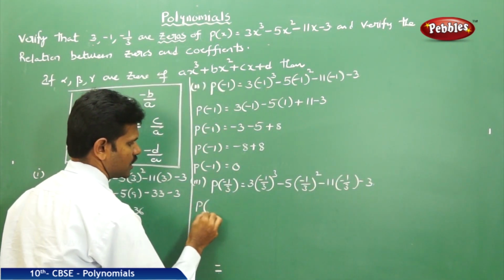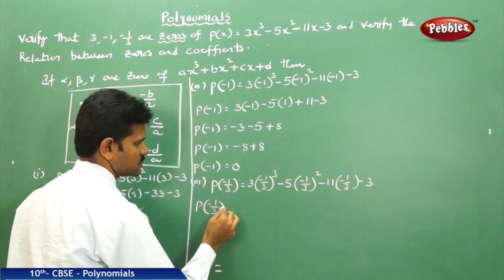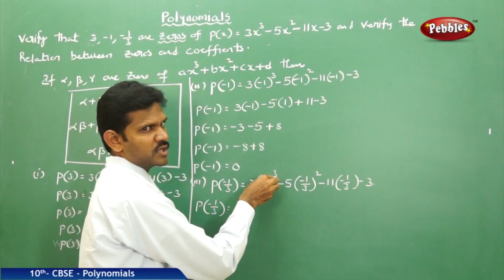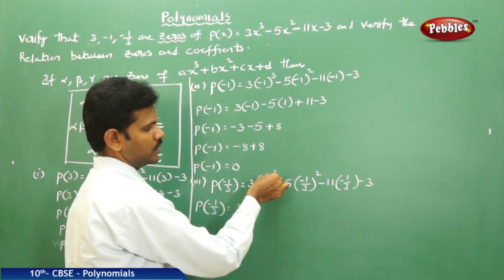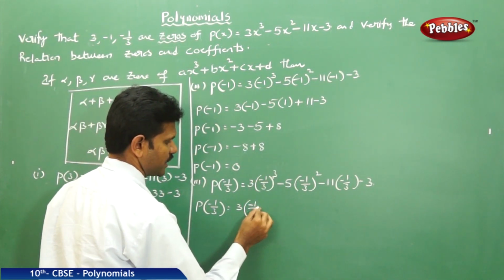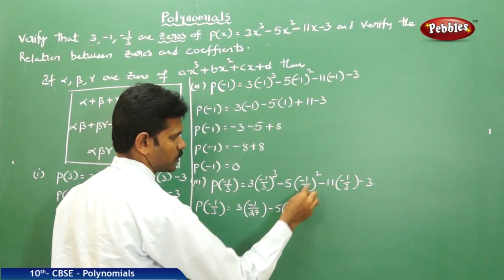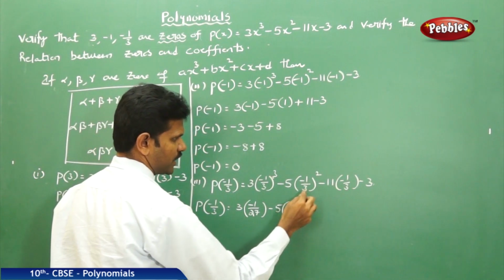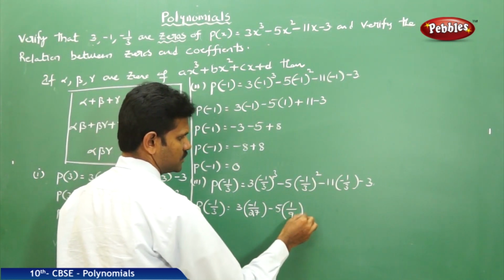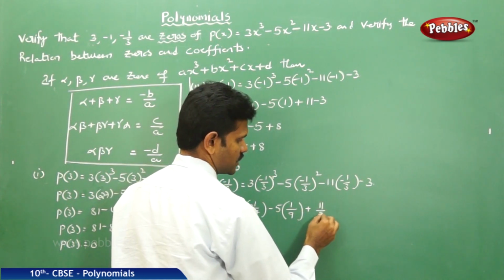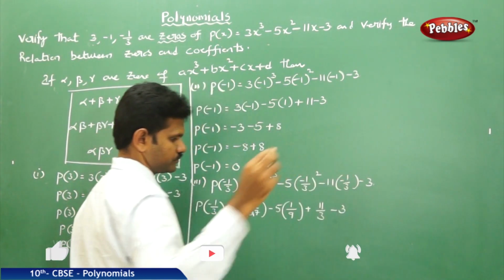Therefore, P of minus 1 by 3 is equal to 3 times, as per your previous knowledge, the exponent is 3 here, so minus 1 by 27, minus 5 times, the exponent is an even number, that is 1 by 3 square, nothing but 9, minus into minus is plus 11 by 3 minus 3.